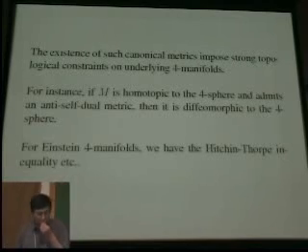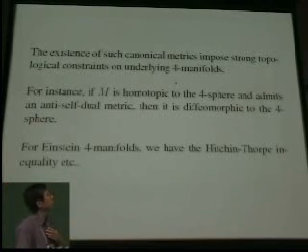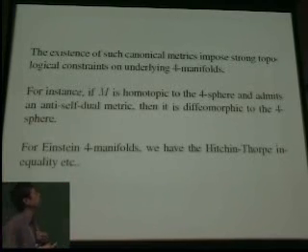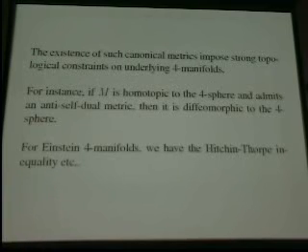The existence of such a canonical metric imposes strong topological constraints on the underlying four-manifolds. I'll just give two examples for the sake of time. For instance, if you assume M is homotopic to a four-sphere and admits an anti-self-dual metric, then it's diffeomorphic to the four-sphere. It's not difficult to prove; it basically uses certain signature formulas and so on.